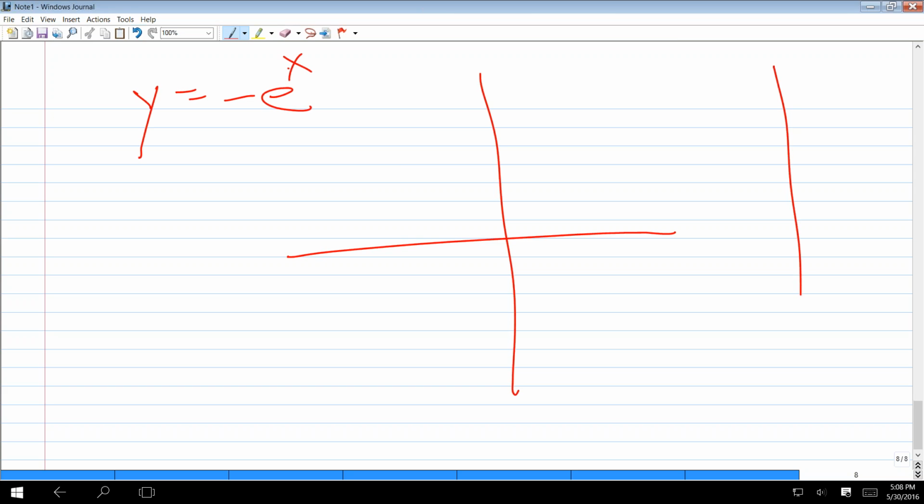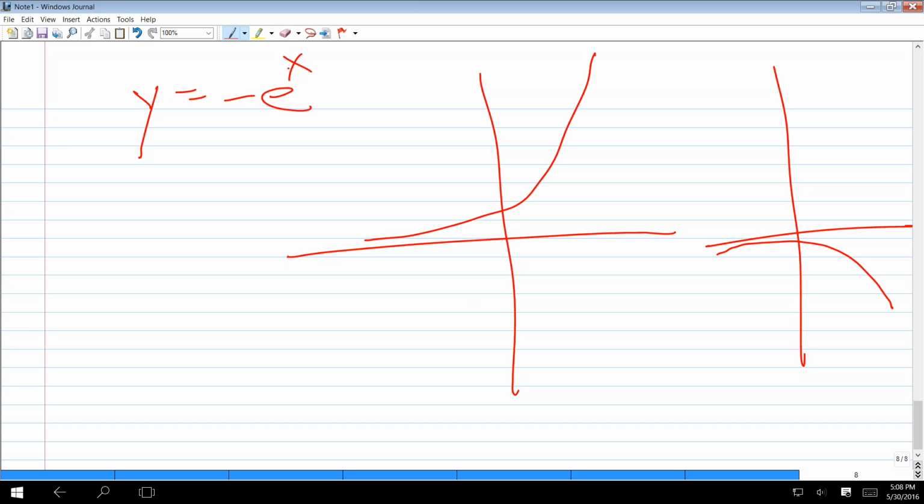Well, usually when they want you to match a function to a graph, it's something like negative e to the x. I'll give you 2 graphs over here. There's one, and there's the other.